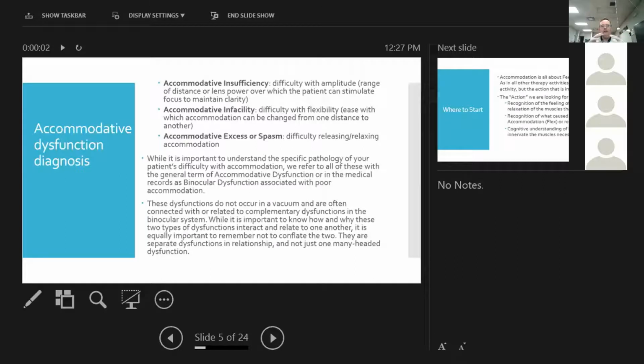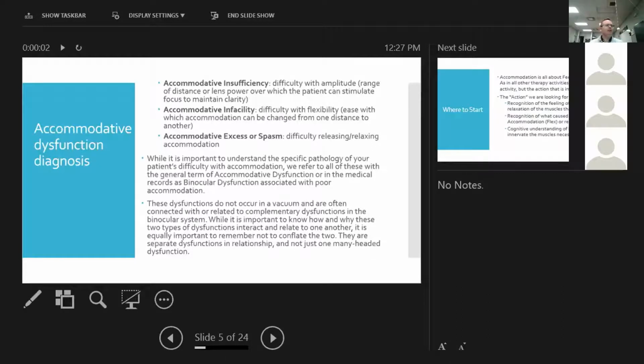So all these things don't occur in a vacuum, right? You don't have just ocular motor issues, just binocular issues, or just accommodation issues. Usually it's a blending of these things, because all these systems work together and are a part of each other, okay?